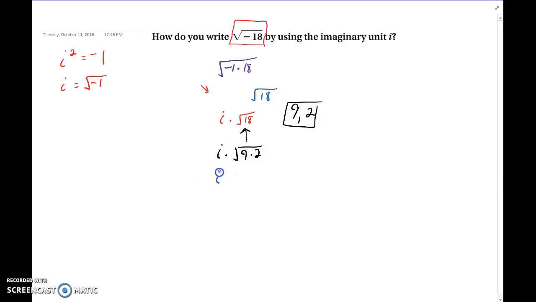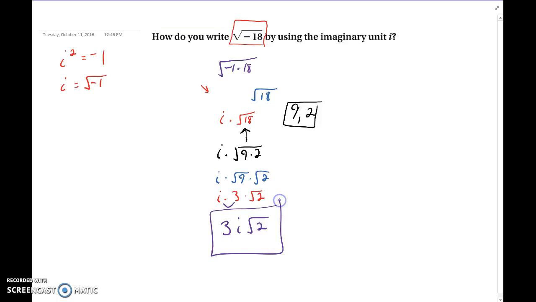And then we break these apart just like we did with our radicals. So it becomes i times the square root of 9 times the square root of 2. The square root of 9 is 3, so it's i times 3 times the square root of 2. And then the last step is to write this as 3 times i, which gives me 3i times the square root of 2. All right, that is your final answer.